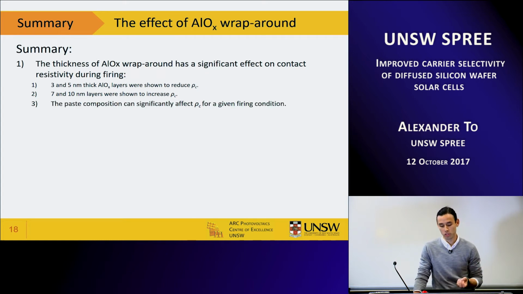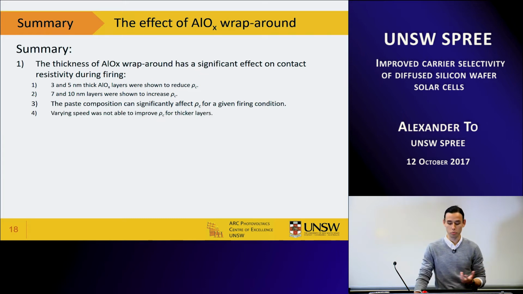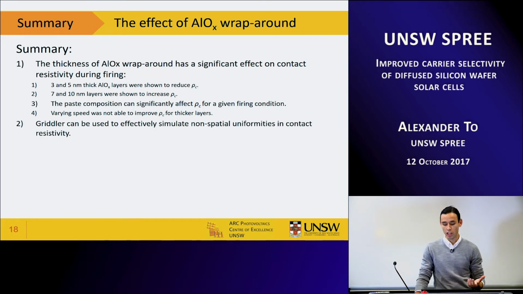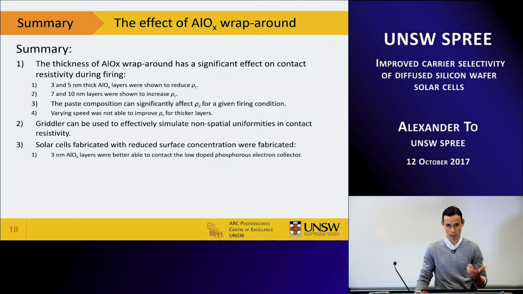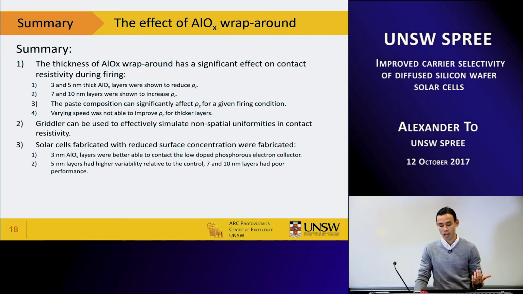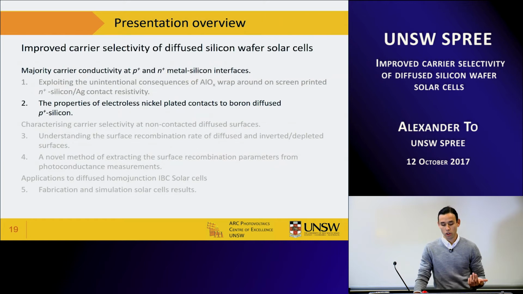Importantly, the paste composition and manufacture can significantly affect your contact resistivity during firing, and varying the speed was not able to improve the contact resistivity. Now, we showed that Gridler can be used to effectively simulate this, and when we fabricated solar cells, we found the trends were consistent with the 3 nanometer layers, but not with the 5 and 7 and 10 nanometer layers. So that sort of wraps up that chunk.